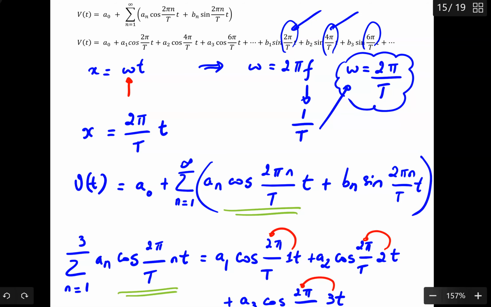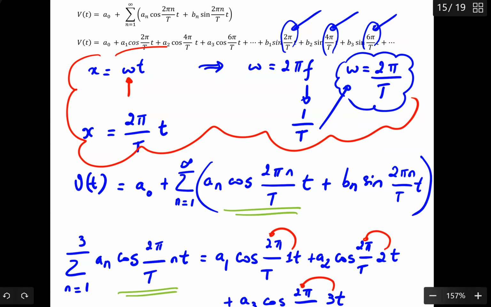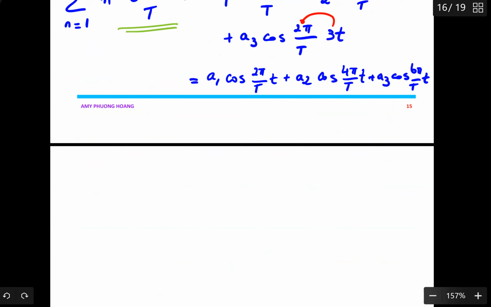Similar to the b coefficient, I also have sine of 2 pi, sine of 4 pi, and sine of 6 pi because of the concept that we just analyzed here. Alright, thank you everyone.